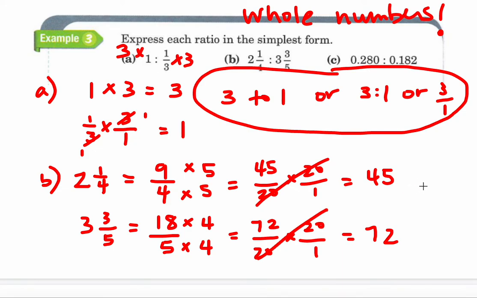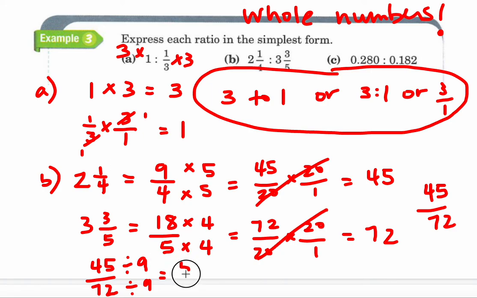Now I can change it into a ratio of 45 to 72 as a fraction. Can I reduce that further? Let's see, 45 to 72. 9 maybe, right? Yeah, I think 9, because 9 times 5 is 45, and 9 times 8 is 72.